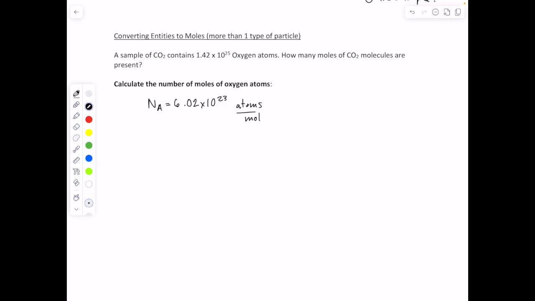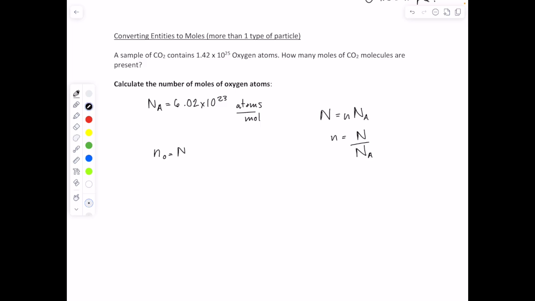So to find the number of moles of oxygen, we're going to use the equation: number of entities is equal to moles times Avogadro's number. So the number of moles is going to be equal to the number of entities divided by Avogadro's number.